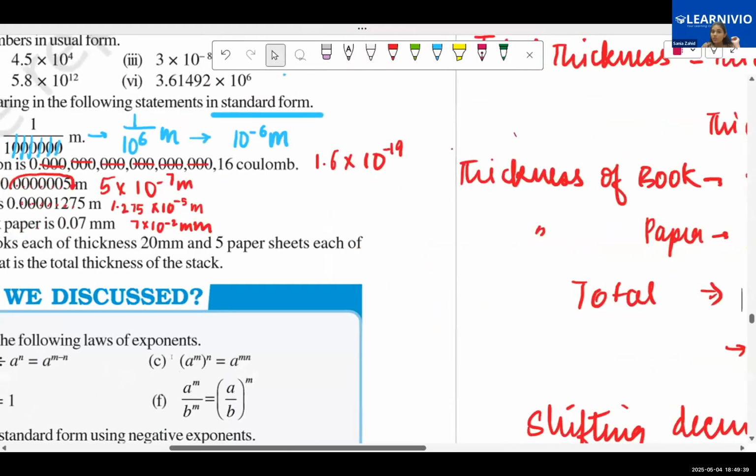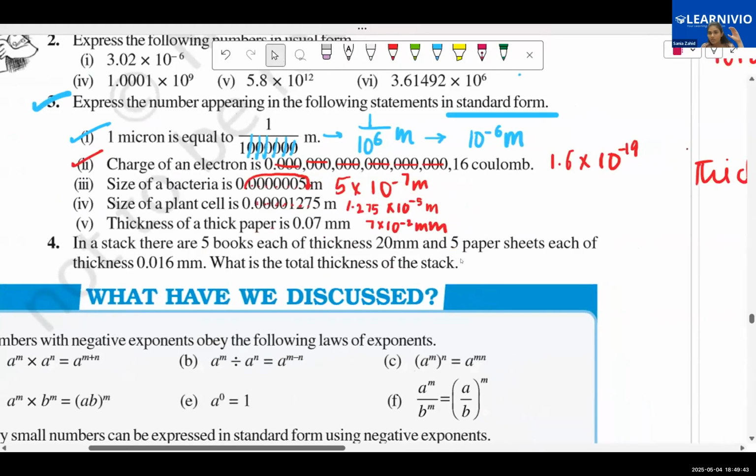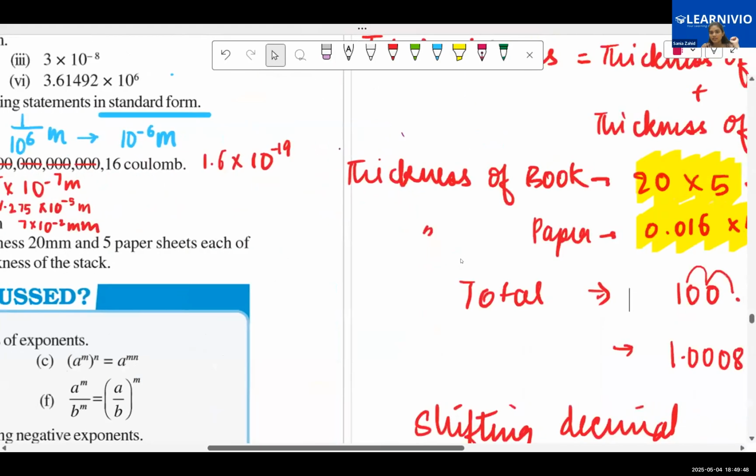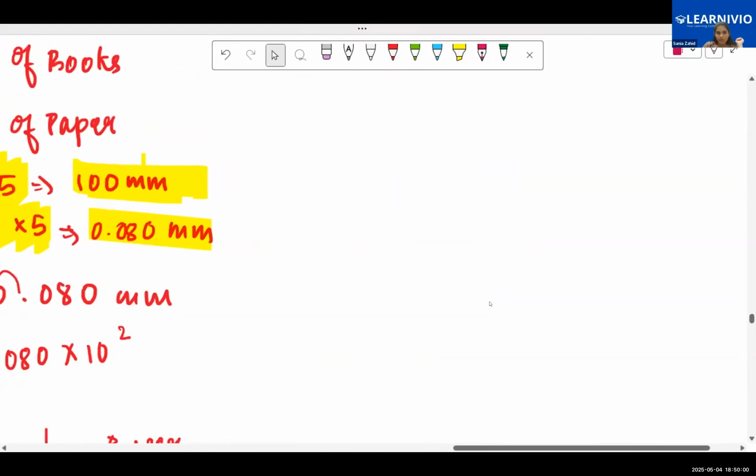Now I'm asking you, look at the question. The question reads, what is the total thickness of the stack? Now the stack that you have made, first you kept 5 books, then you kept 5 sheets. So what is the thickness of the stack? They are asking you. So total thickness of the stack will be equal to 100 millimeters plus 0.080 millimeters. You will add the thickness and then you will get 100.080. See how you add them.